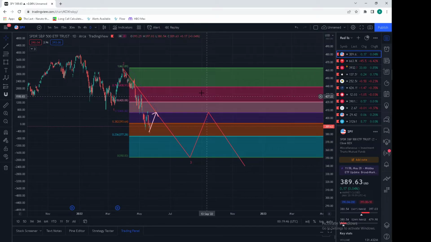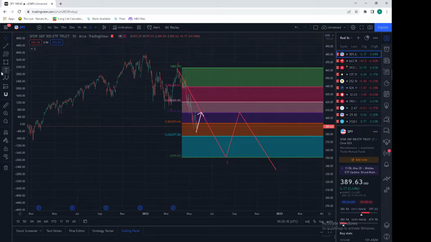And how do we find how long wave 5 is going to be? Well, it's usually around the same length as wave 1. So wave 1, 480 all the way down to 410, so it's 70 points. 70 points would be about 337.